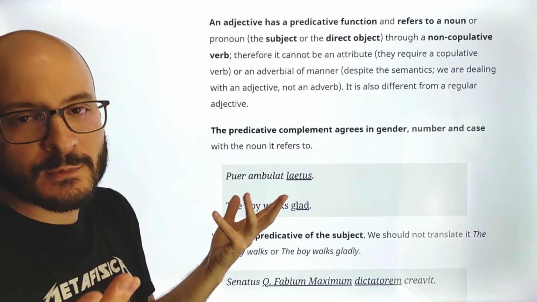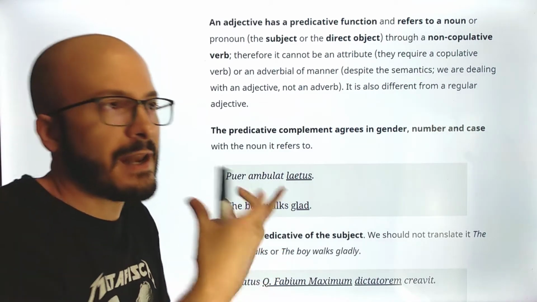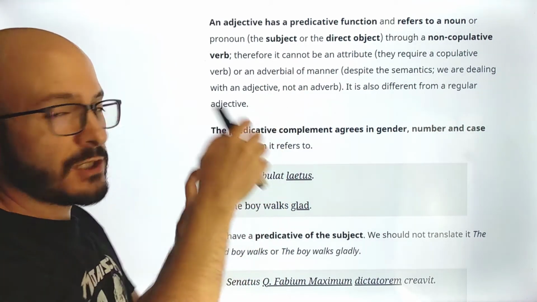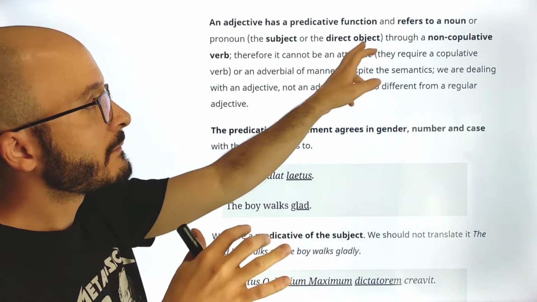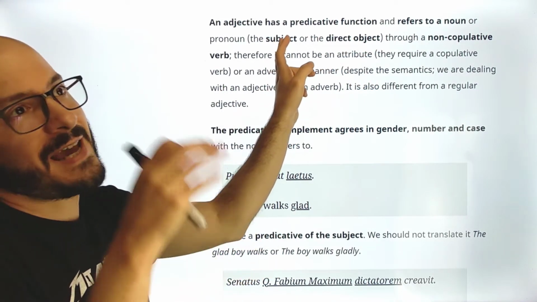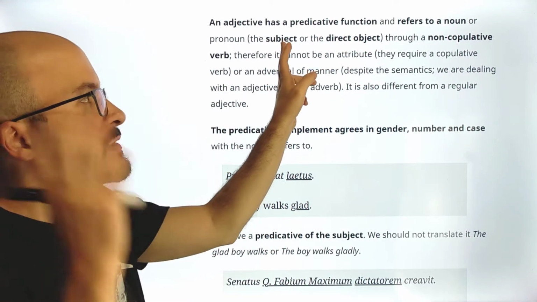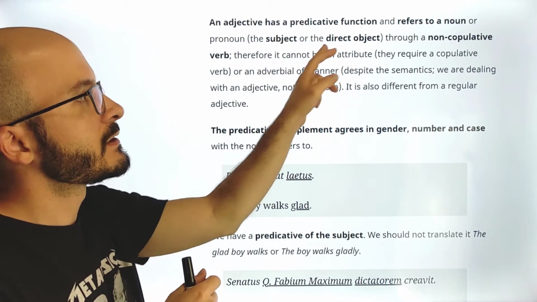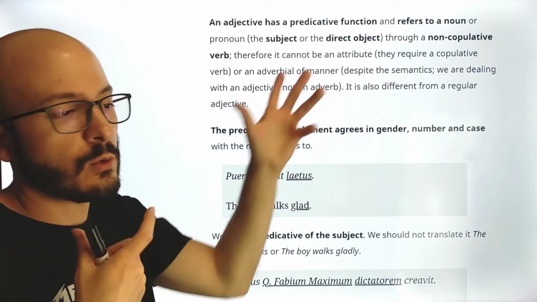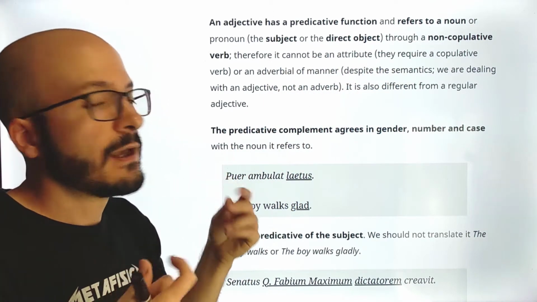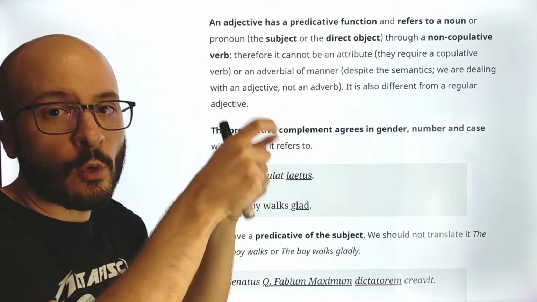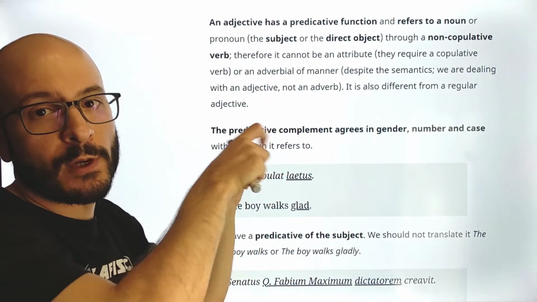Most of the times that I say a noun, I mean noun or pronoun. Usually, it could actually be other functions, but 99.99% of the times it is either the subject or the direct object. So we will be calling it predicative of the subject or predicative of the direct object.